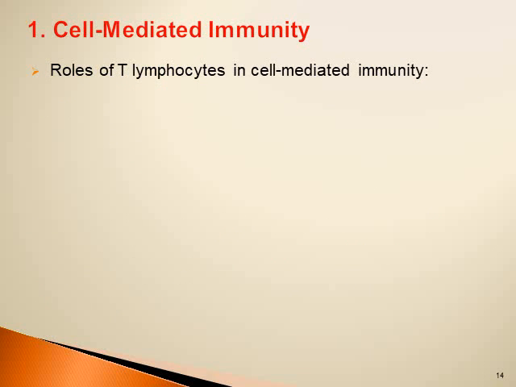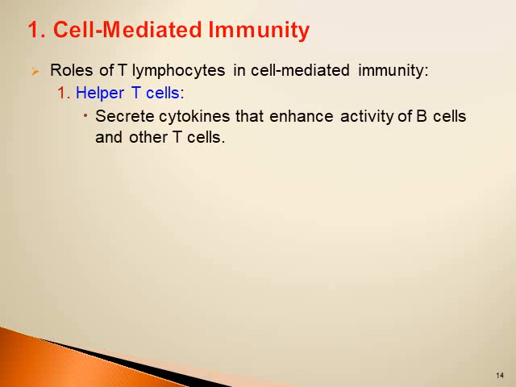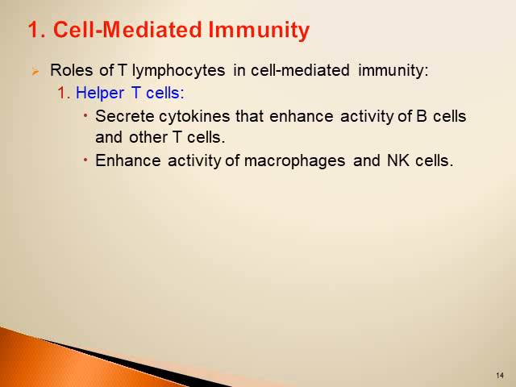Now let's talk in detail about cell-mediated immunity, and then later on about the antibody-mediated immunity. In cell-mediated immunity, the T cells or T lymphocytes play a major role. So, the roles of T lymphocytes in cell-mediated immunity: we have the helper T cells. They secrete cytokines that enhance the activity of B cells and other T cells.